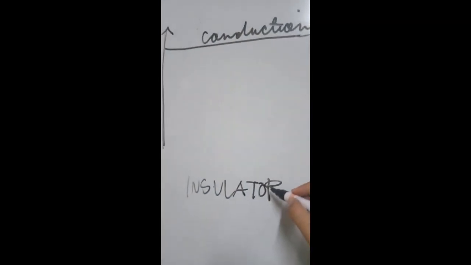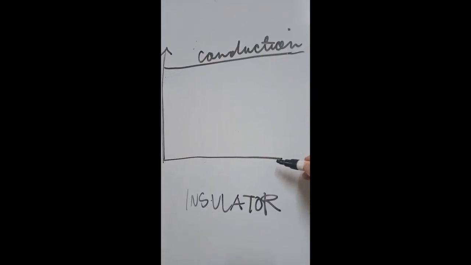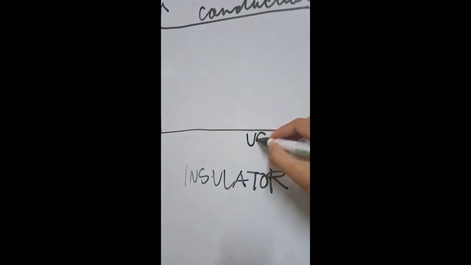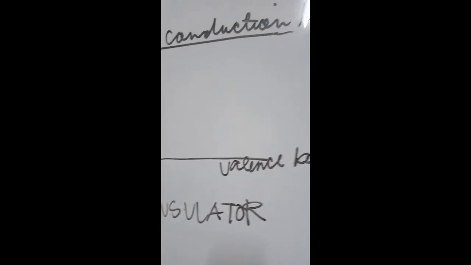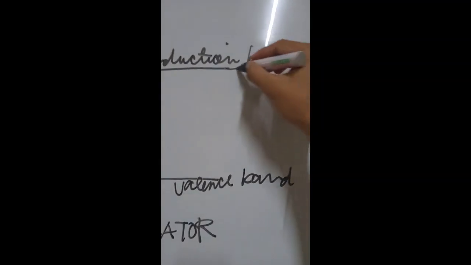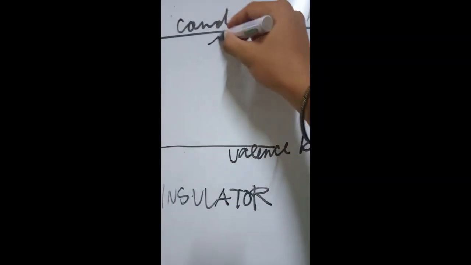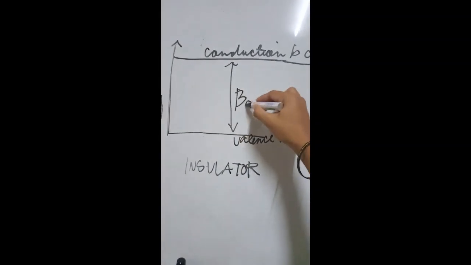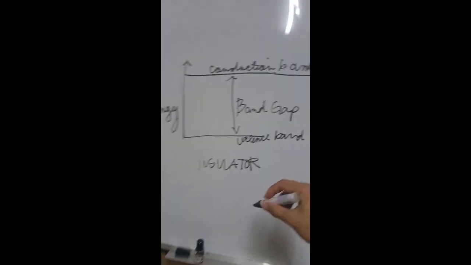And for this bottom level, this is what we call the valence band. This is what we call the conduction band. For the insulator, this will be its band gap.